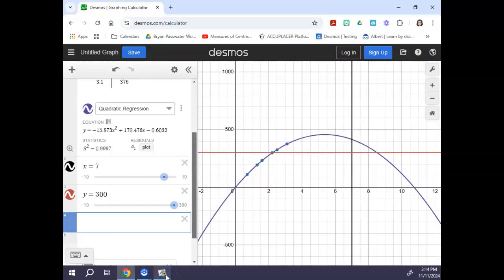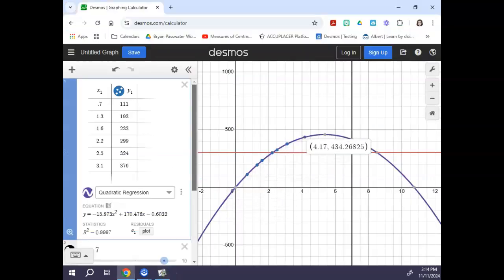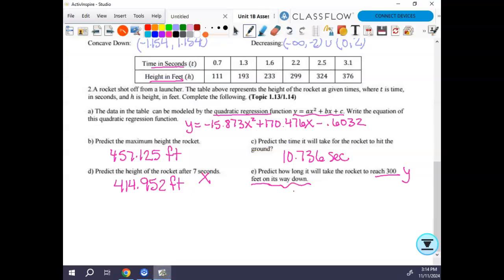So this is the rocket on its way up, right? Hits the maximum height, then it's on its way down because it hits that twice, right? So it doesn't want both answers. It says on the way down, so that's why we're looking at the 8 number. And so my answer then is 8.516 seconds. And there you go.